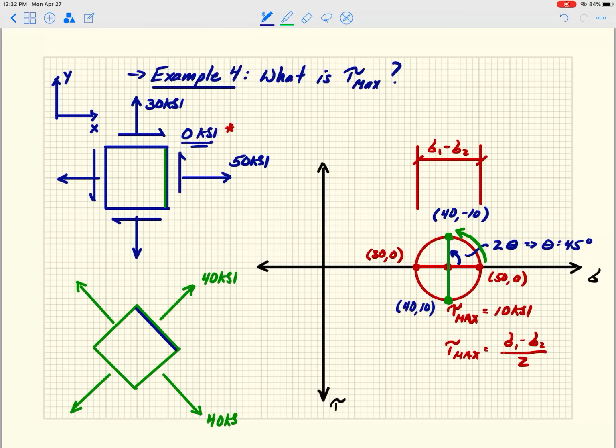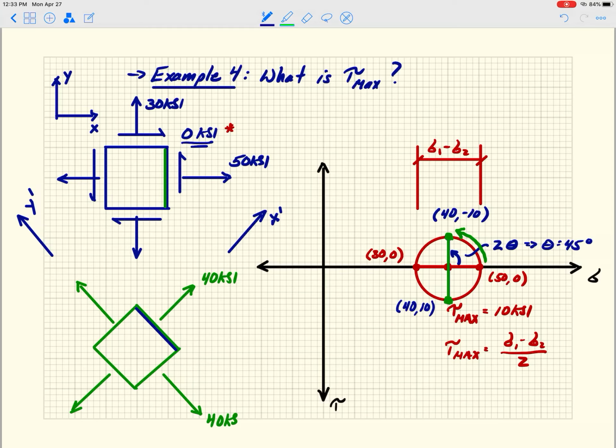So on that face, we've got a negative 10 KSI of shear stress. So this is my coordinate system now. This is my X prime, and this guy here is my Y prime, because I rotated at 45 degrees. So what does a negative shear stress on that face look like?